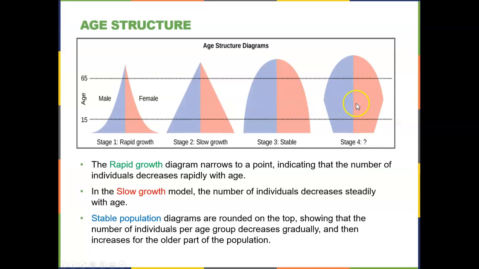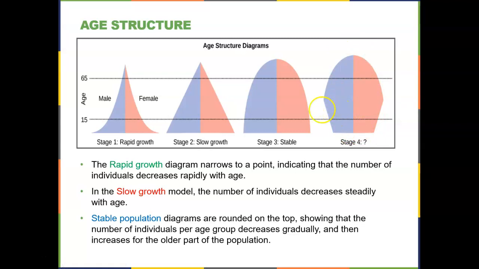Then we get into stage 4, and this is a question mark, because look at the difference between this stage and this stage. It looks a lot like the stage 3 stable, a little higher in the older groups, but we've really cut off the bottom part. Now we have fewer younger people than middle-aged people, and the number of younger people is the same as the number of older people.